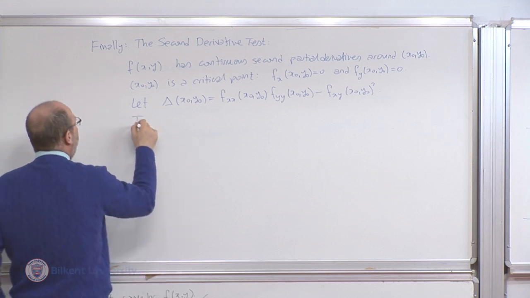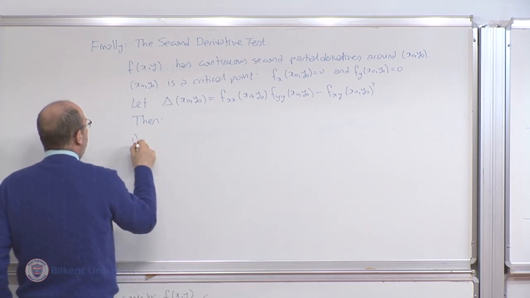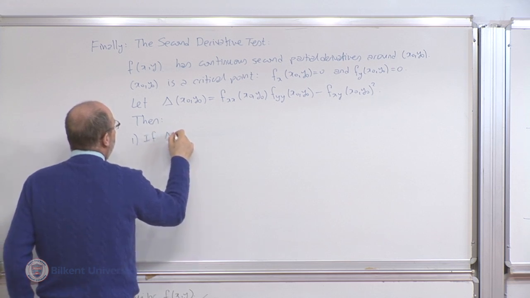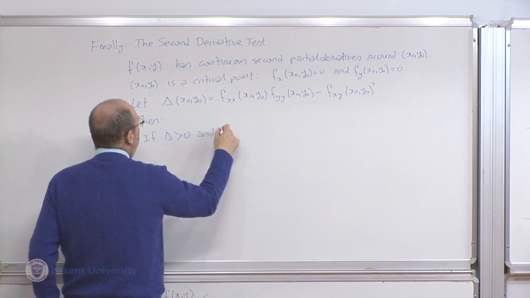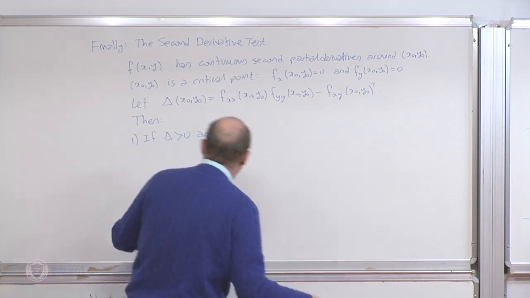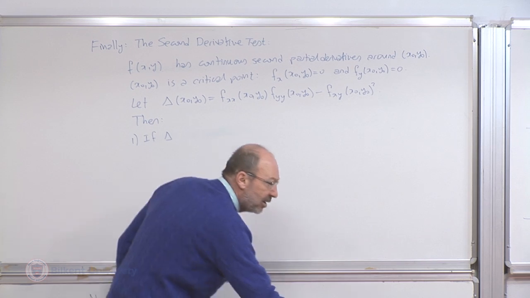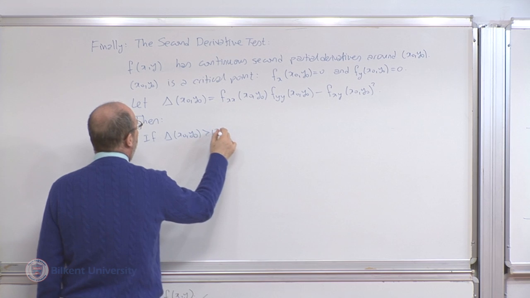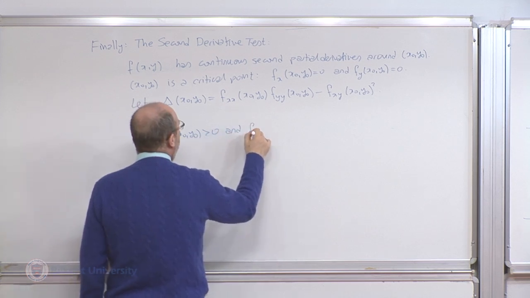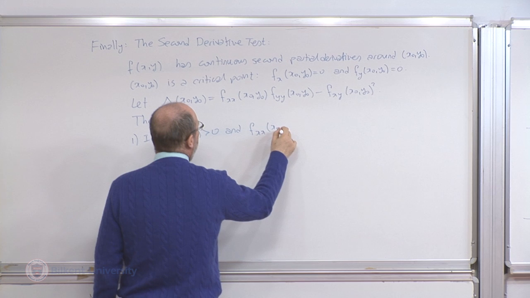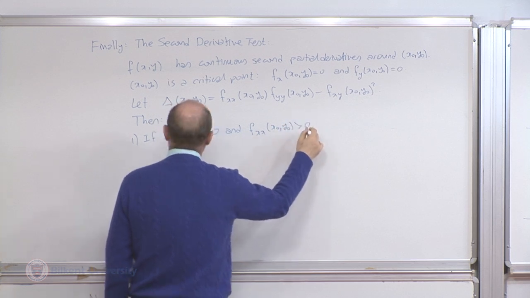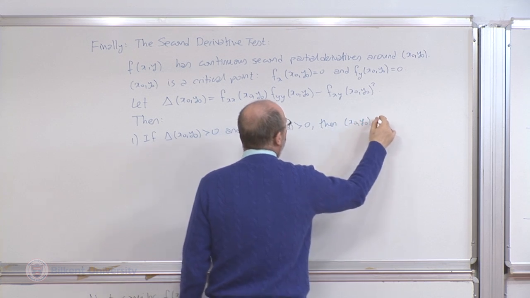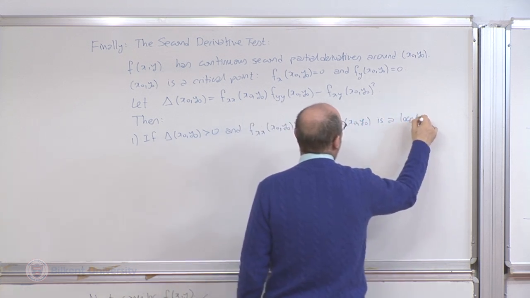Then first, if the discriminant is positive and, since I'm going to write this once, let me evaluate these at the point, fxx evaluated there is positive, then x sub 0, y sub 0 is a local minimum point for f.